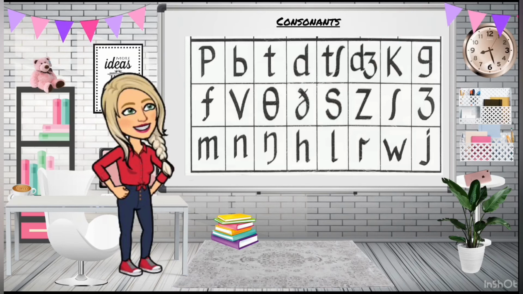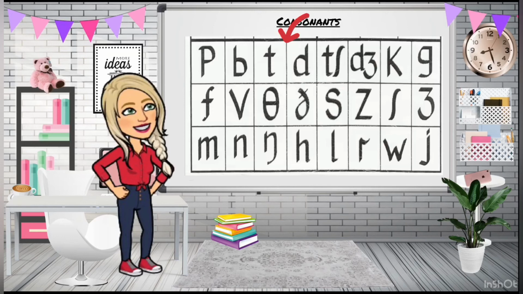Okay, so let's go. If you say p, p, p, as in the word pin, you notice that your vocal cords are not vibrating. But if you say b, b, there is a vibration there. So you say p, b, p, b. You notice the difference between a p, which is not vibrating, and a b, which is vibrating. The same happens with t and d, t, d, t, d.